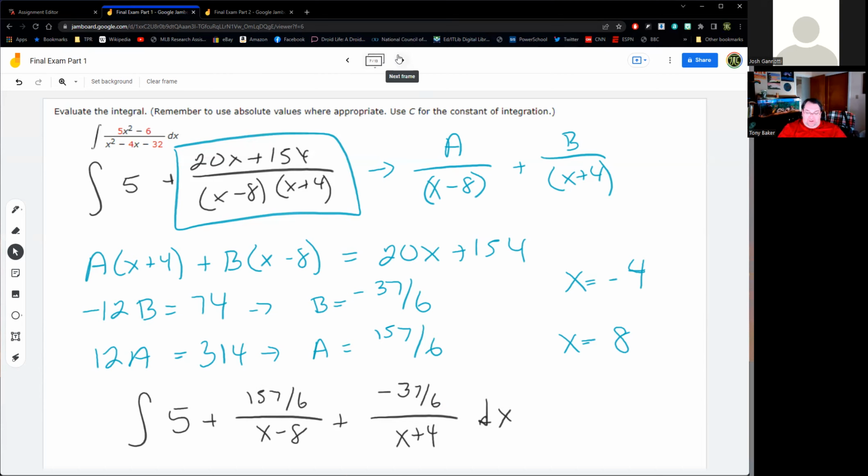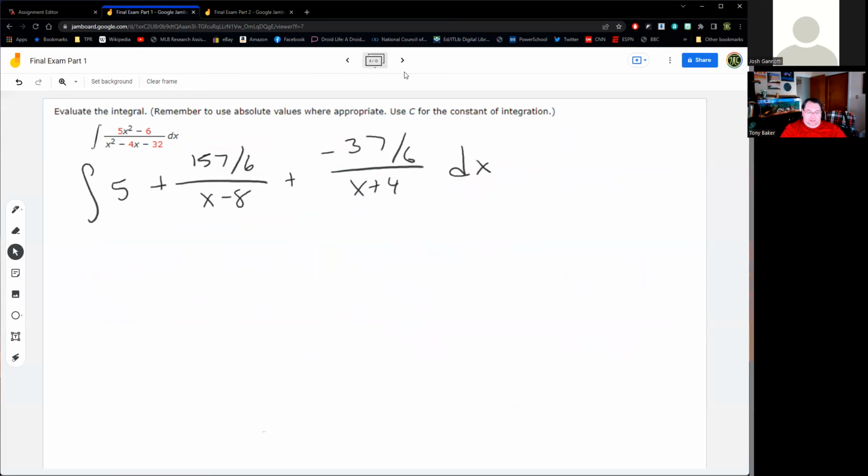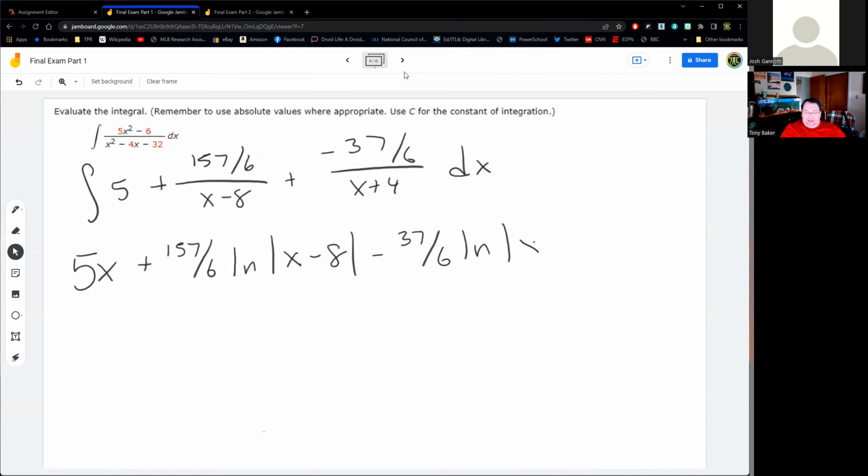All right, so now we've got to do the integral of these. The integral of 5 is just 5x. The integral of any linear term like this is just going to be ln. So it's plus 157 over 6 ln of x minus 8, and then minus 37 over 6 ln of x plus 4, plus C.